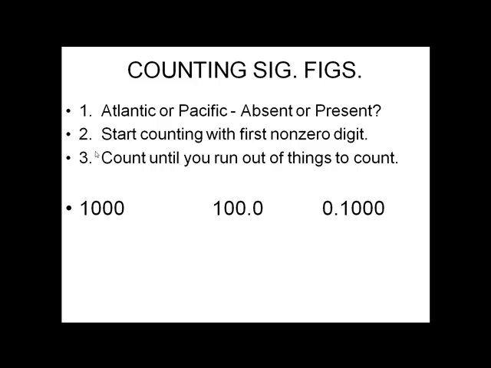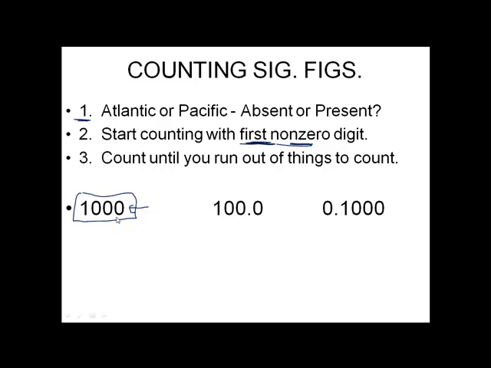All right, so let's look at our first example here. 1,000. First off, number 1, is the decimal point absent or present? I know the decimal point should be here. It's not here. That means it's absent. So if we think of the United States, the Atlantic Ocean is on the right-hand side. So we're going to start from the right. We're going to start counting with our first non-zero digit.